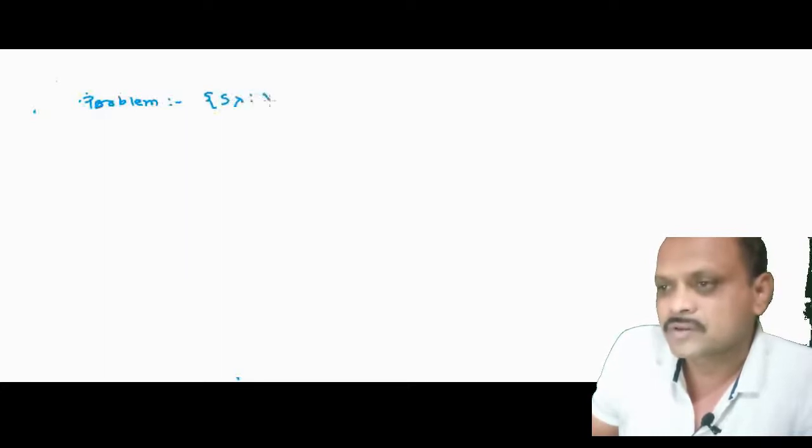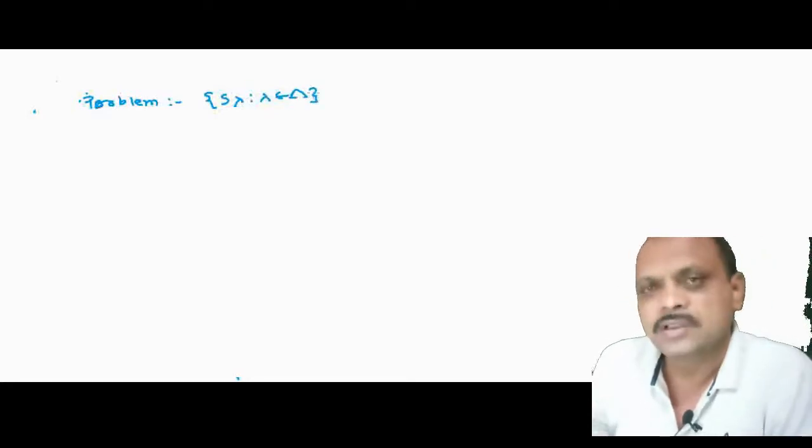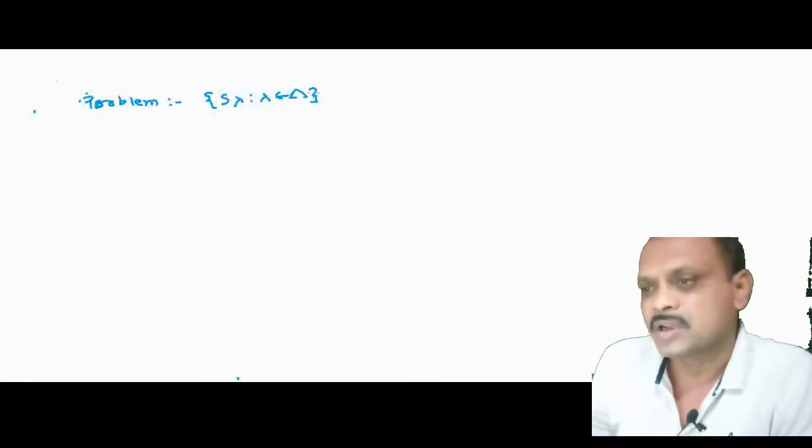The problem is, if we have a set of subspaces S lambda, where small lambda belongs to capital Lambda, an ordered set.